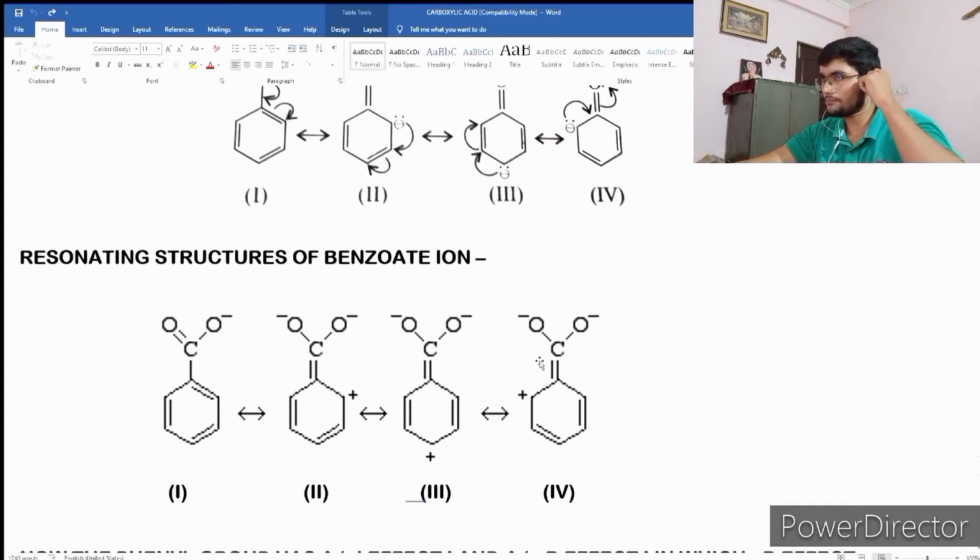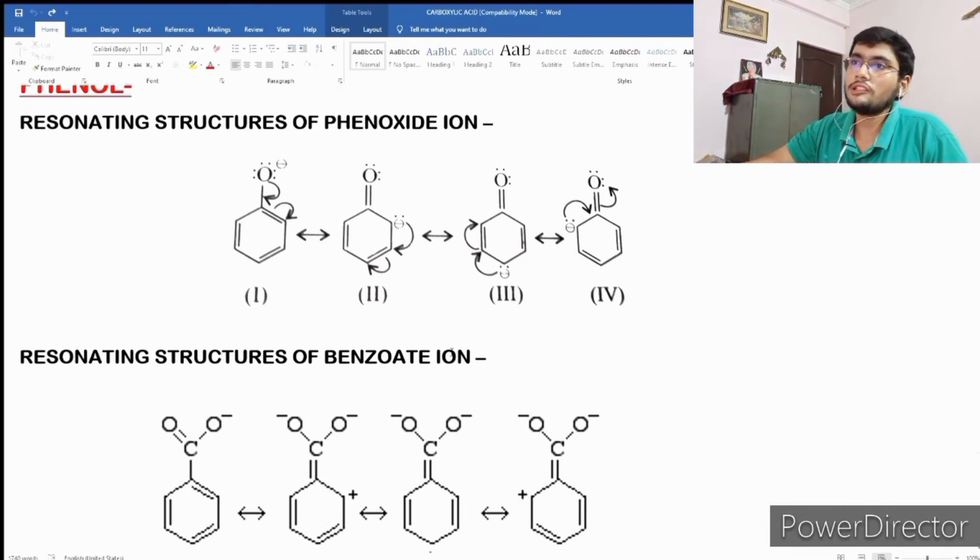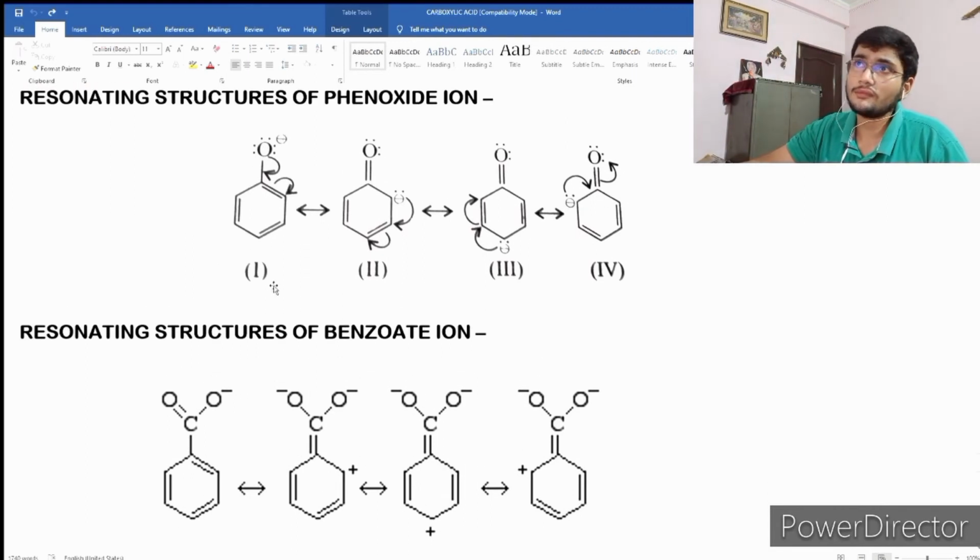Now you see here that the phenyl group is attached in both the cases because it is an aromatic acid and an aromatic alcohol. Now the phenyl group has a minus I effect and a plus R effect. The minus I effect means it attracts the sigma bond electrons towards itself, and the plus R effect means it shifts the electron density towards the atom attached to it.